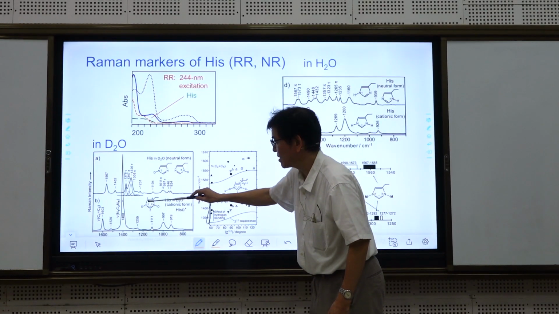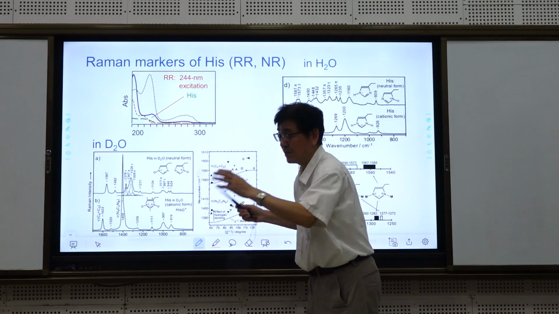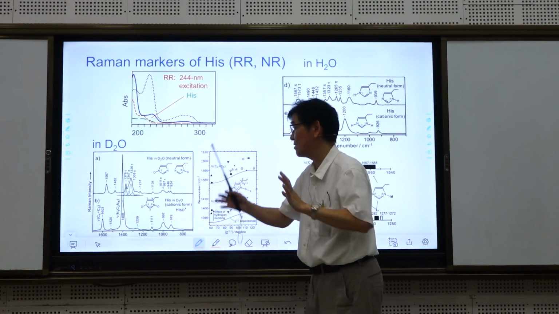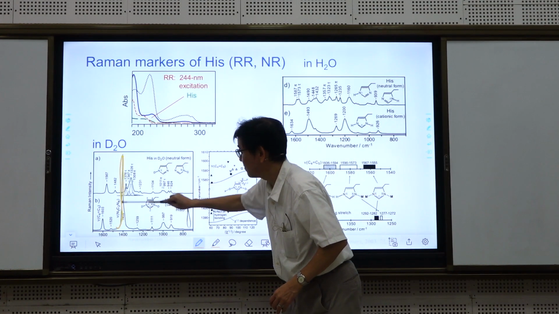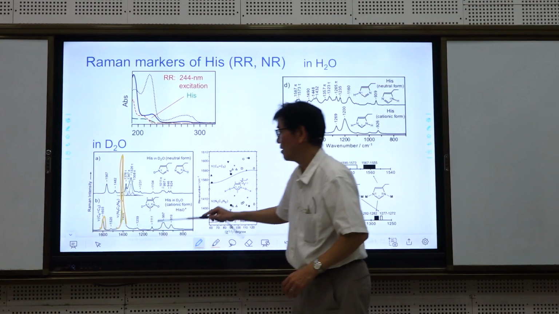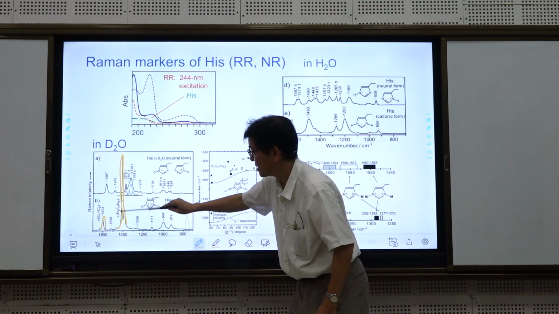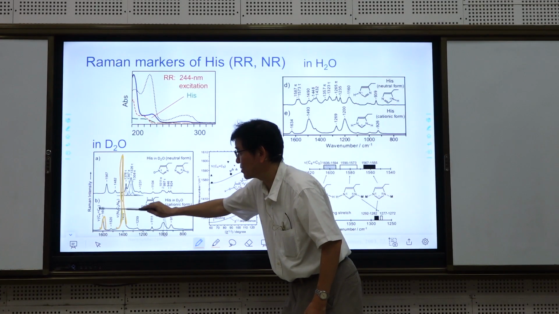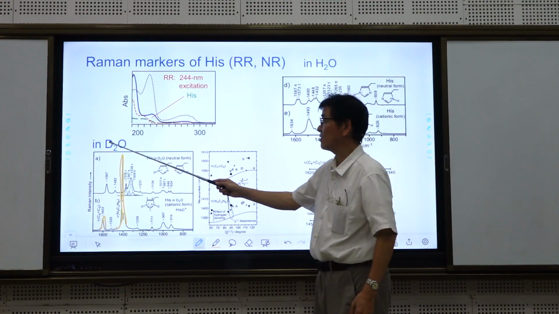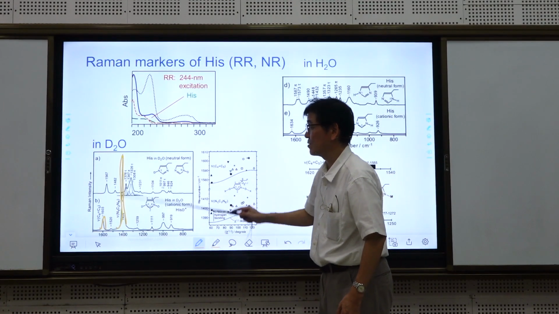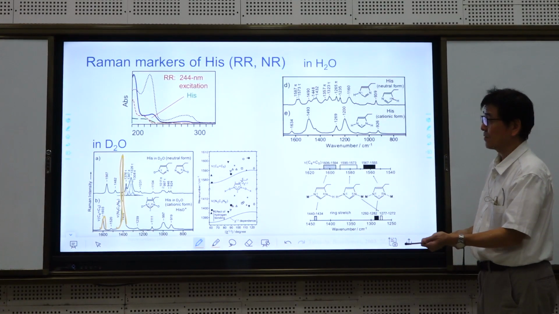In this case, the coupling between the NCN bending and NH stretching is decoupled, and large peaks of NCN stretching and CC double bond stretching appear. So these are also useful, detectable peaks of the histidine side chain.